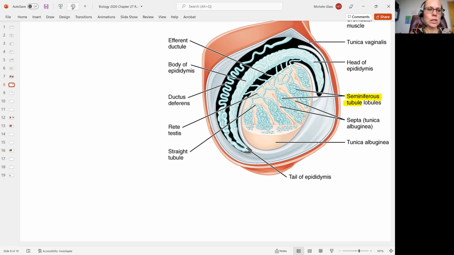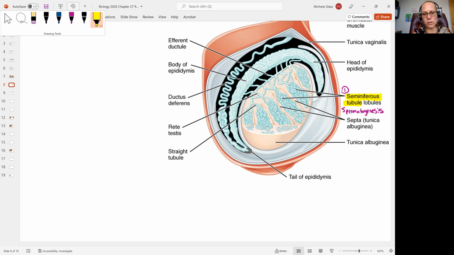And this is actually going to be the location of what's called spermatogenesis, which we'll talk more on in the next video. So this is actually going to be sort of our starting point for where sperm production is happening. From there, we'll see the sperm move into what's called a straight tube, and the straight tube leads us to a structure called the rete testis.